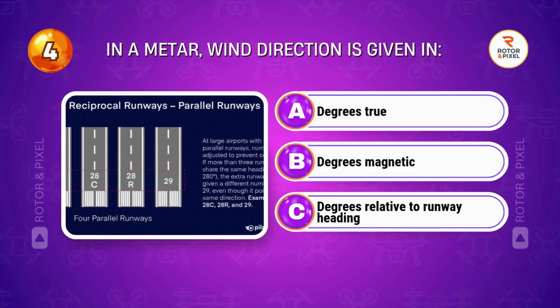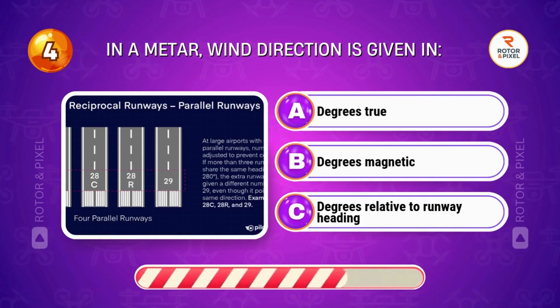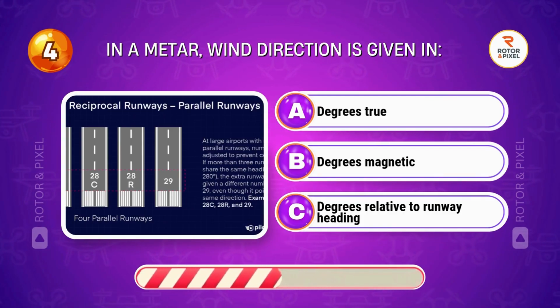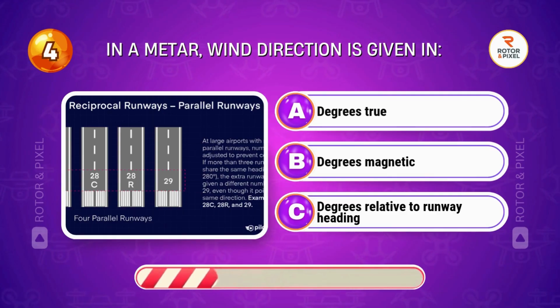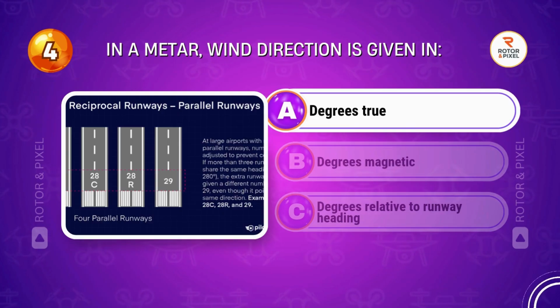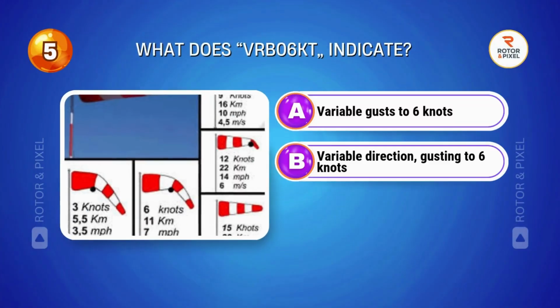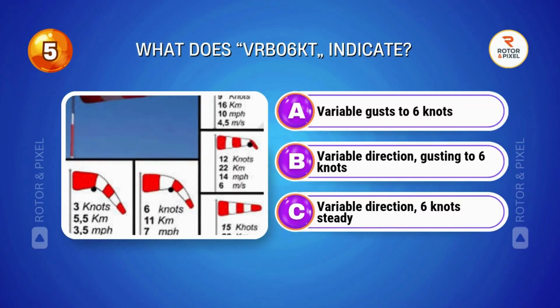In a METAR, wind direction is given in... Answer A, degrees true. What does VRB06KT indicate?